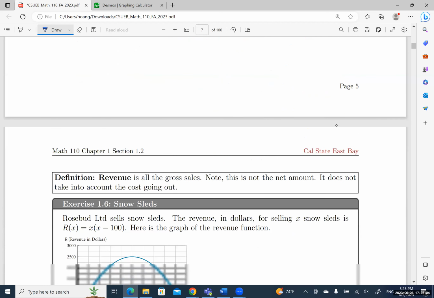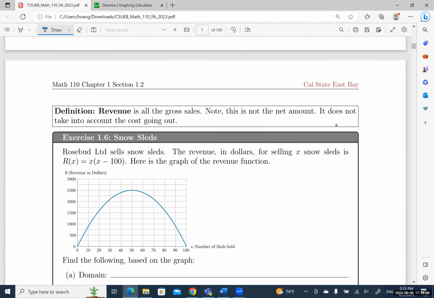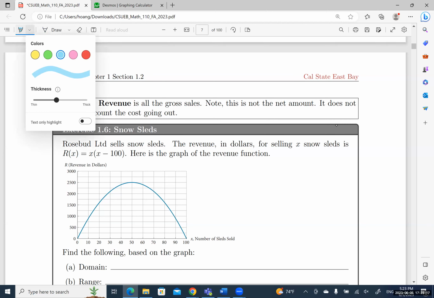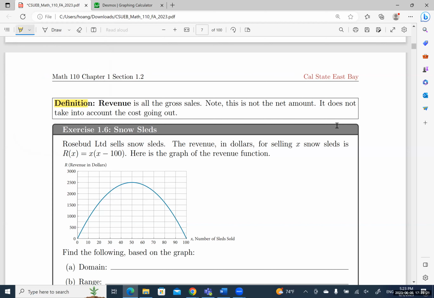Now let's talk about revenue. What is revenue? I have a definition of revenue here. Most of you in this class are business people, right?